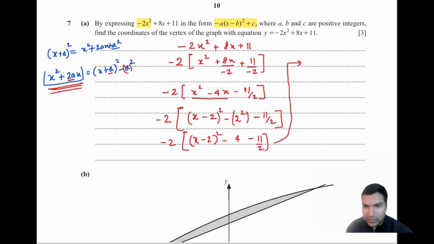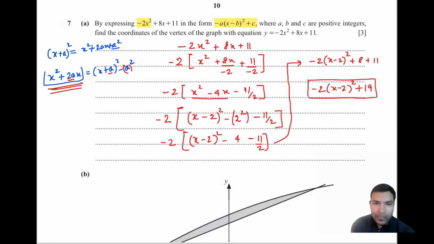Now take this negative 2 inside, so you'll get negative 2 multiplied by (x minus 2) whole squared. Negative 2 times negative 4 is positive 8. Negative 2 times negative 11 by 2 gives you positive 11, right? So this becomes negative 2 (x minus 2) whole squared plus 19. So that is the final answer.